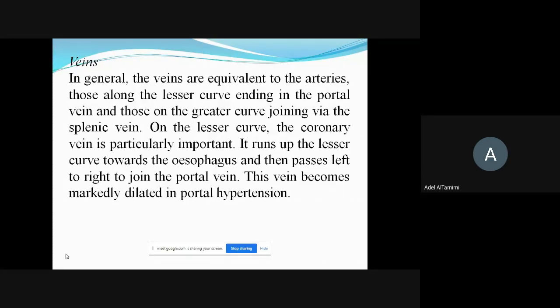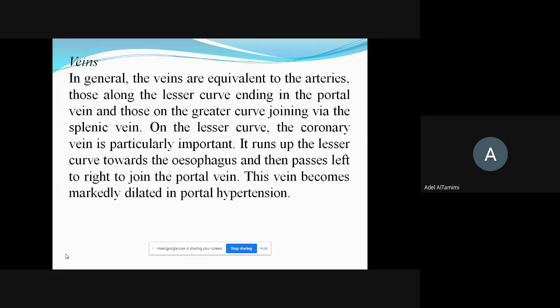It runs up the lesser curvature toward the esophagus and passes left to right to join the portal vein. This vein becomes markedly dilated. I mention this vein particularly because it is responsible for the development of venous dilatation in cases of portal hypertension.